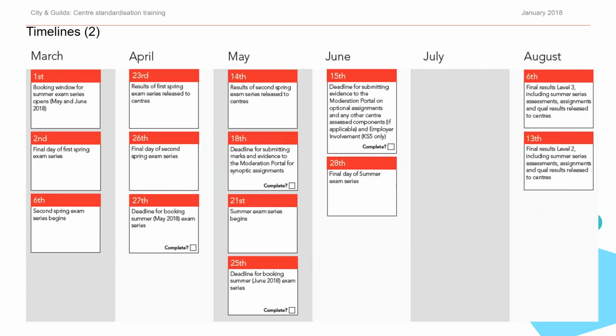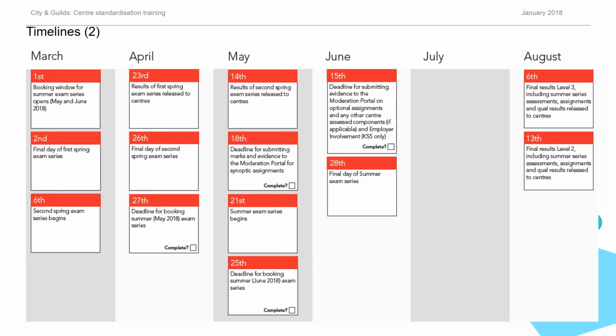On this next slide, we must note that the last date for booking the summer series of external exams is the 27th of April, and that May the 18th is the deadline for uploading Synoptic Assignment evidence onto the moderation portal. June the 15th is for those optional or additional units, the centre assessed components.